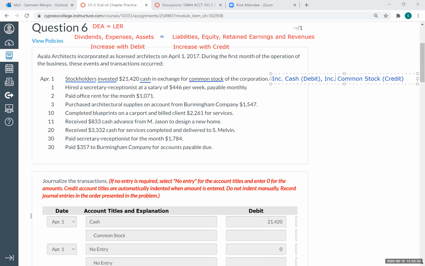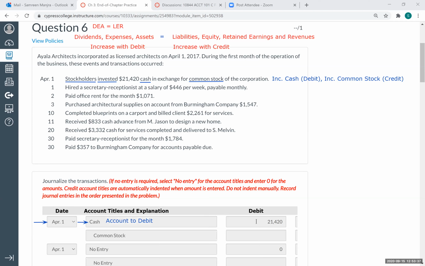So when it comes to the journal entry, what you will be doing is you will include the date of the transaction. So we have April 1st, and you'll notice that the account that we're going to debit is listed first on the very top. We will include the amount to debit in the debit column.